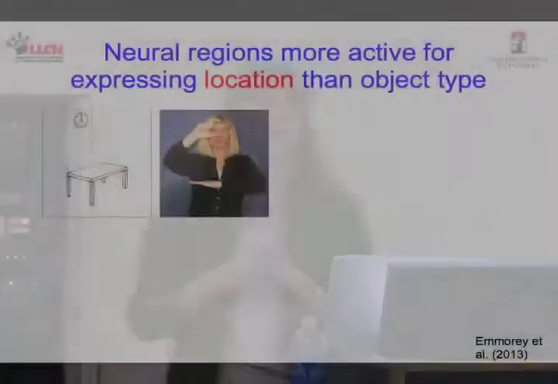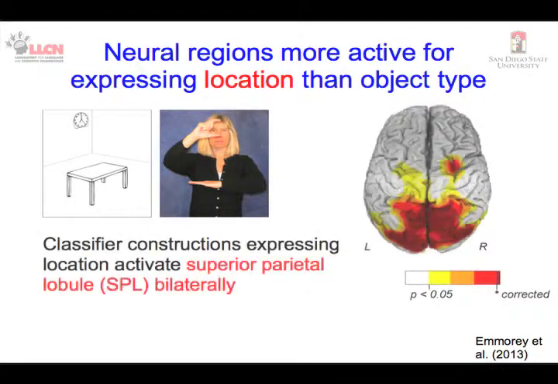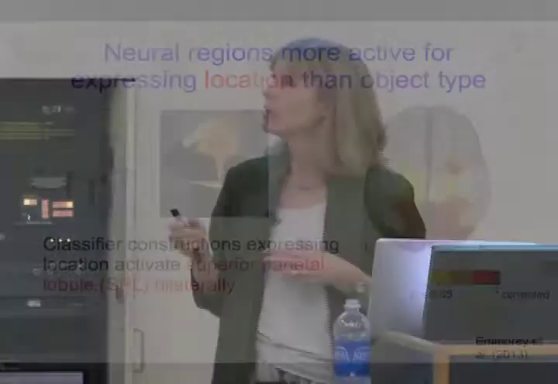Okay, so what do we find when we look at the brain areas that are really engaged in expressing the location per se? What we see is activation bilaterally in superior parietal cortex. So this is more posterior than the activation that we were looking at for the pantomime production.